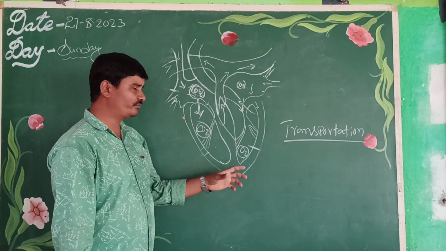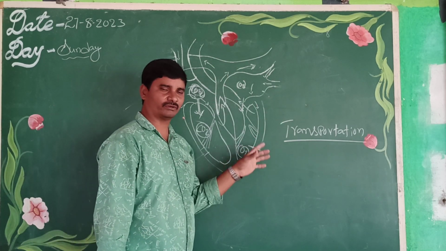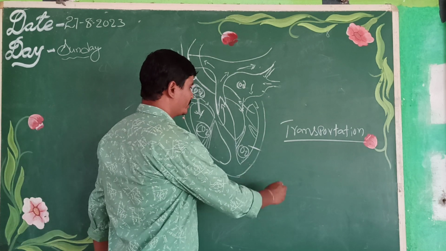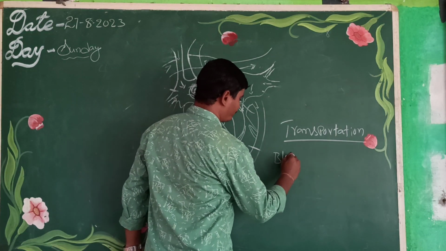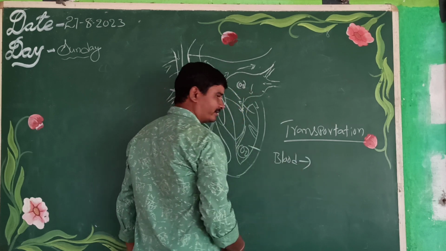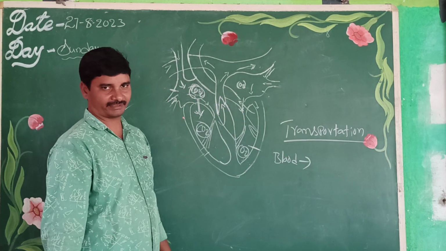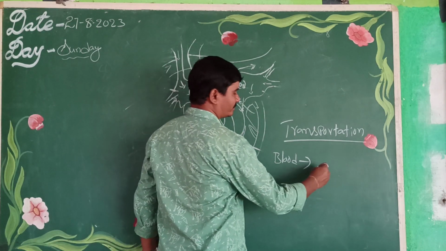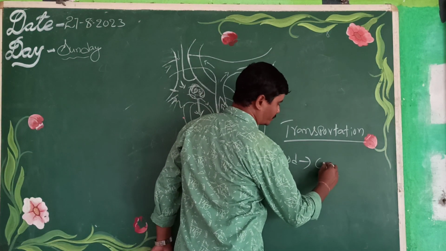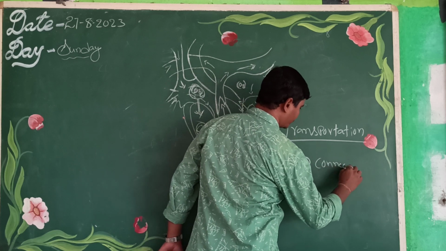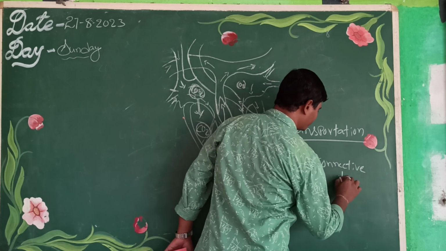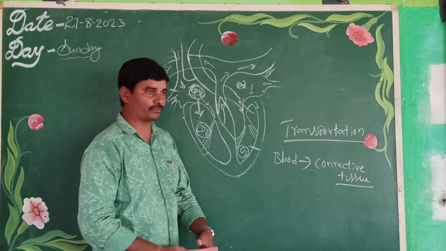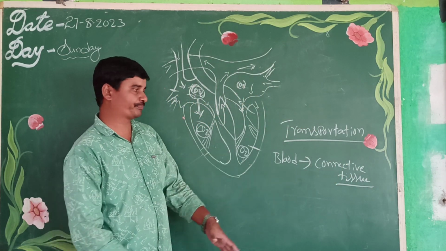Which one transports these waste materials and useful materials from one place to another in our body? Blood is transported, carrying different types of materials. This blood is a fluid connective tissue.